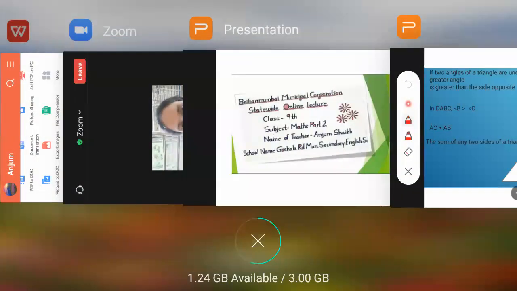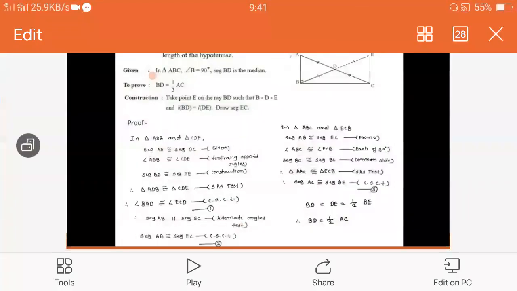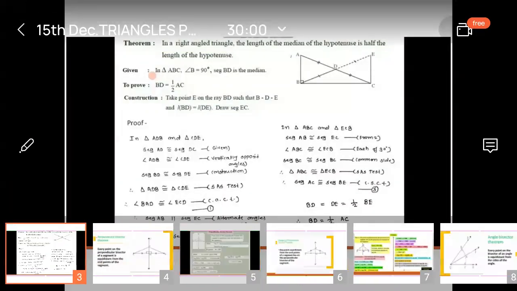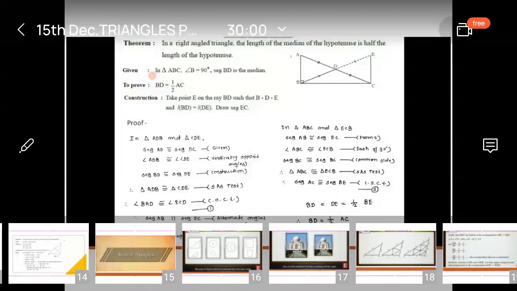We have to learn it. That is similar triangles. See, the point is the last point of lesson number 3, that is triangle, that is similar triangles.